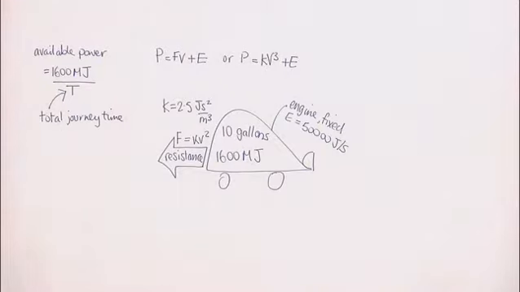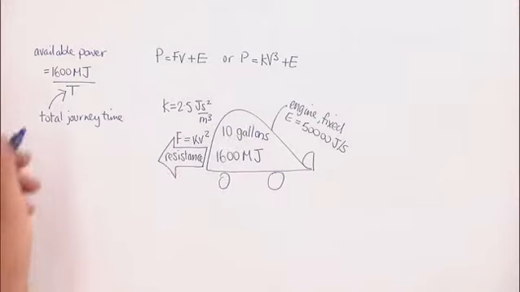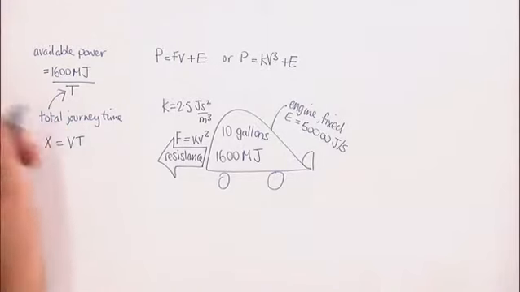And if T is the total journey time and V is the velocity, then the total journey distance is x equals vt.